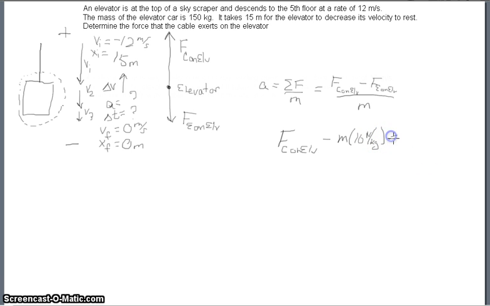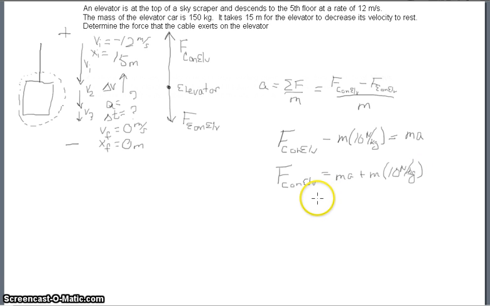Now what I'm going to do here is multiply m by the acceleration, so I'm getting rid of what's in the denominator, is equal to the mass of the object times a. Alright, now since I want to get the force of the cable on the elevator, I'm going to add m times 10 newtons per kilogram to each side. We find out that the force of the cable on the elevator is equal to ma plus m times 10 newtons per kilogram.